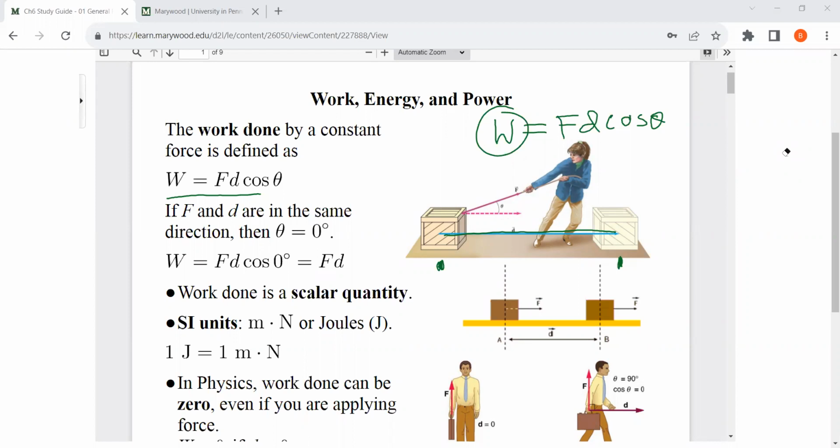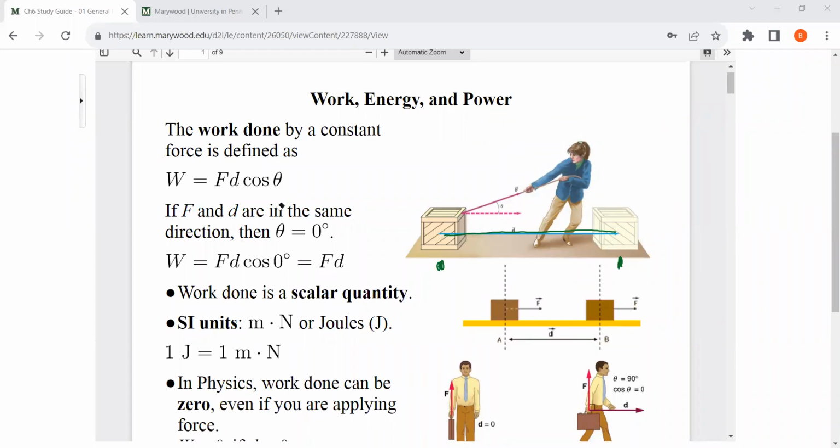But we are not going to do this here. You just have to remember that force and displacement are vector quantities, and work done is a scalar quantity.